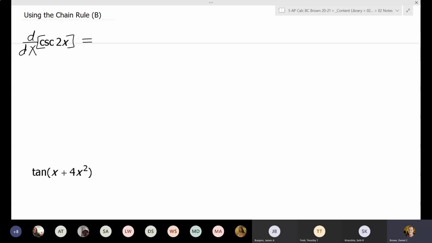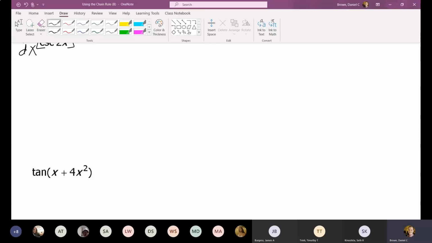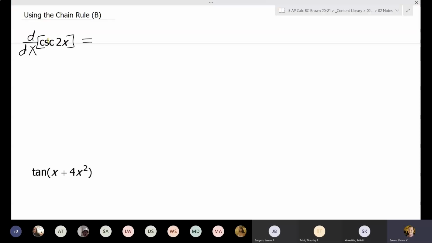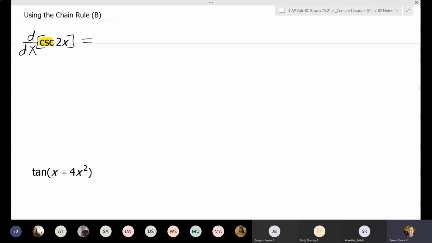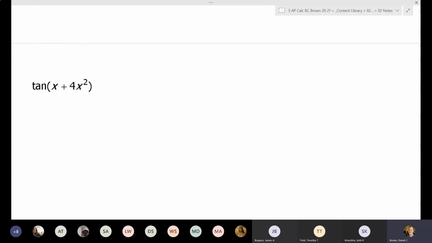And if you're looking at these, I actually think the tangent one is probably easier and less likely for you to make a mistake on. Because I'm actually going to do the tangent one first, I think.